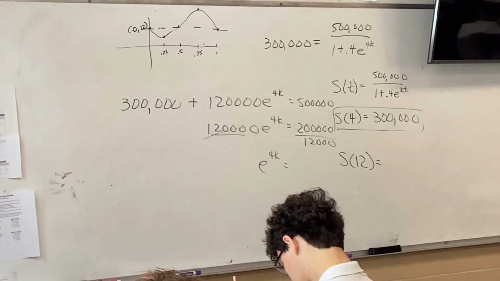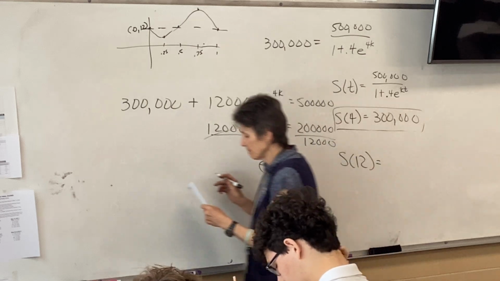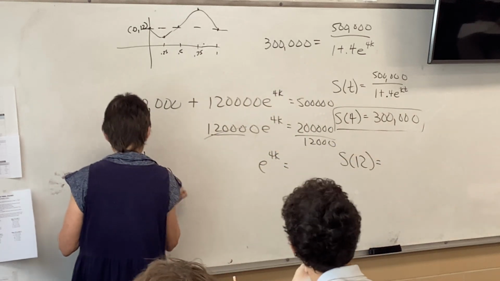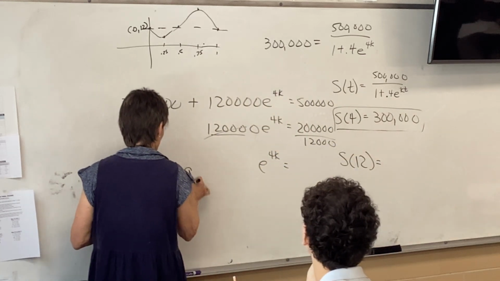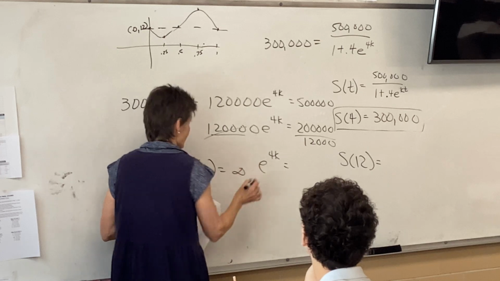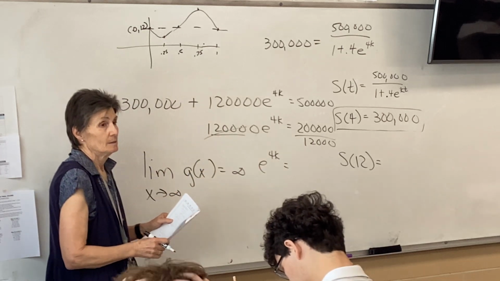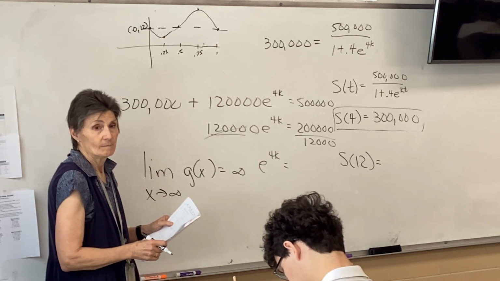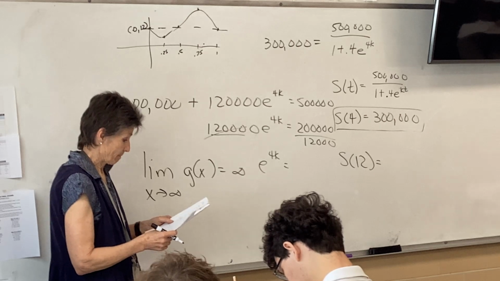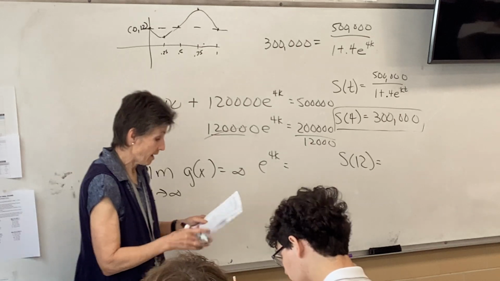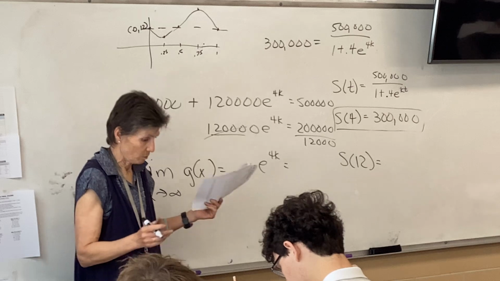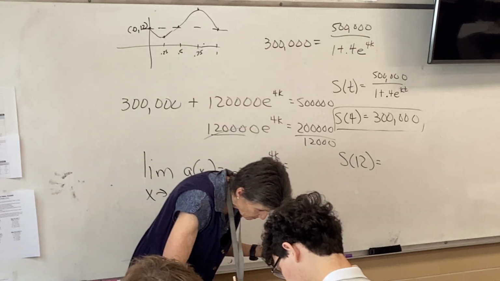And for B double I, I said the limit as x approaches infinity of g of x is infinity. For C, I said no, and that's all I said.